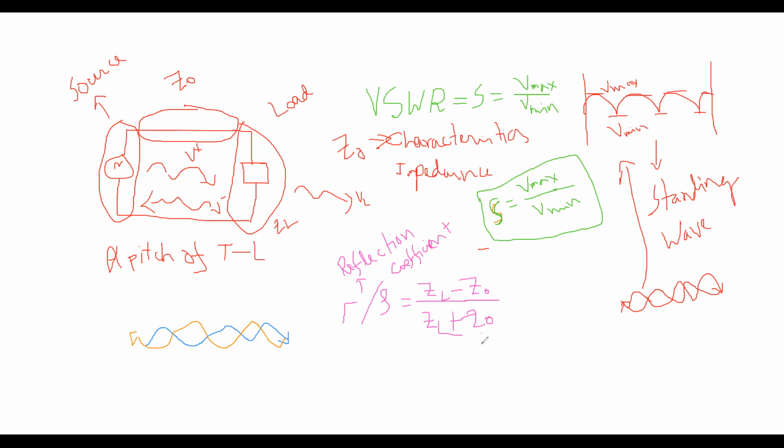And S is equal to V max by V min. This is the VSWR, and the reflection coefficient is ZL minus Z0 divided by ZL plus Z0.